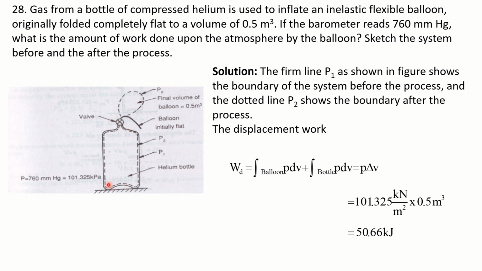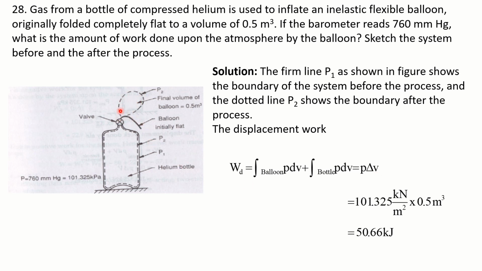Bottle volume is not changing. Also assume that the pressure is also not changing. Volume is not changing, so dV is 0. So this part will become 0. So this PdV, I'll just write it as P delta V. This pressure is atmospheric pressure.